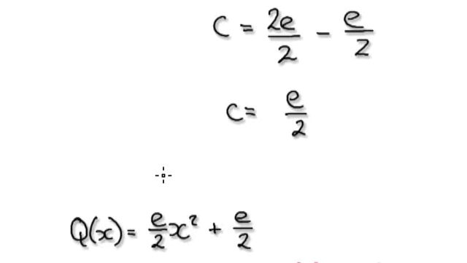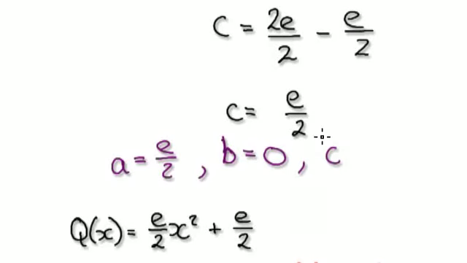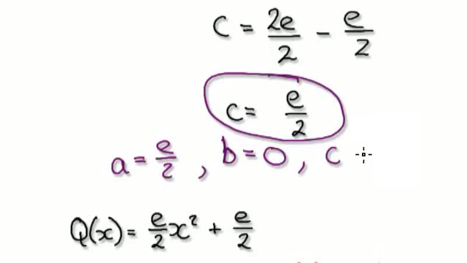So now don't forget a. Yeah. So a happens to be e over 2, and then I skimmed through it. But b is actually 0, and then c is e over 2.